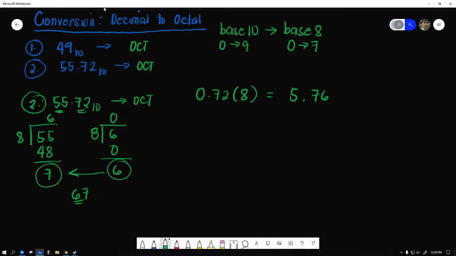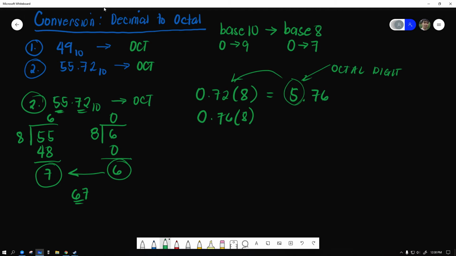Take note of the integer part resulting from this process because this is now your octal digit. Just maintain that octal digit, then disregard it and work with the fraction part. So you just leave 5 and then bring down the 0.76.